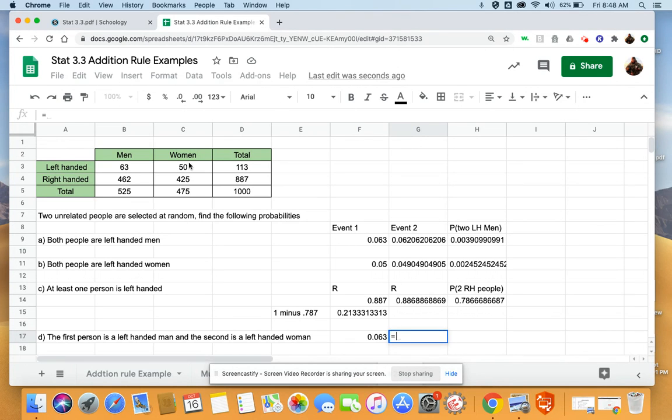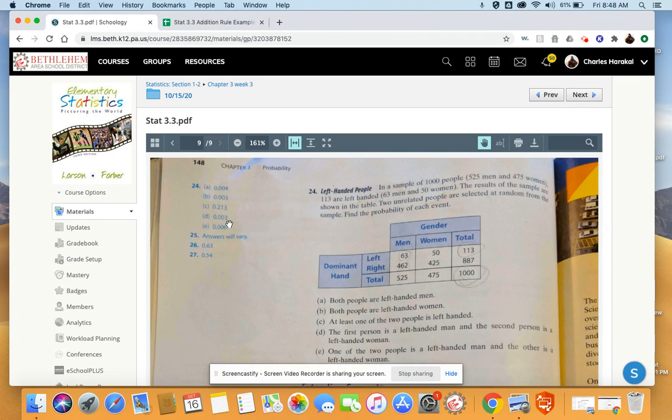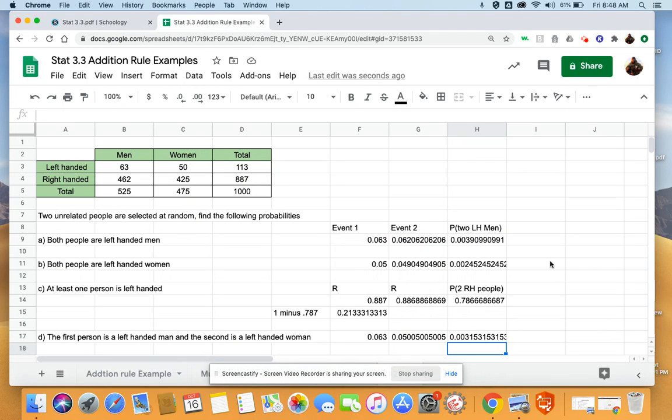So 50 divided by 999. While we haven't pulled a woman out of the sample yet, we have pulled one person out. And our probability here is going to equal those two numbers multiplied. And we get 0.003. I know that's the correct answer. 0.003.